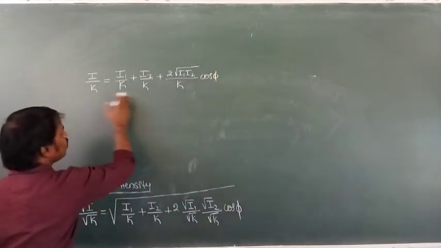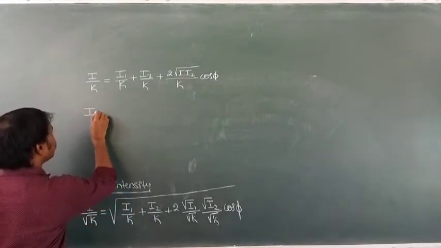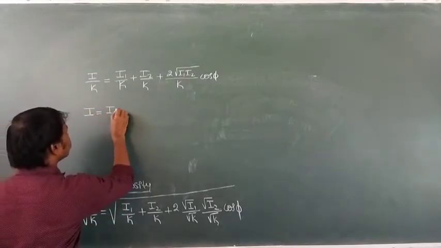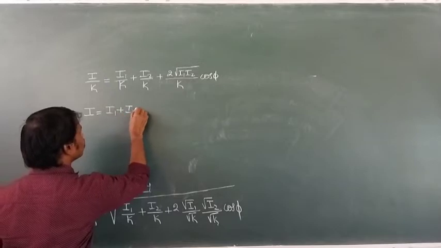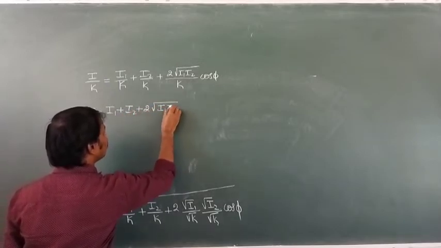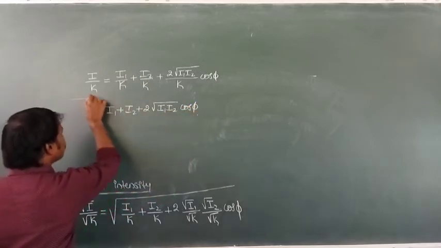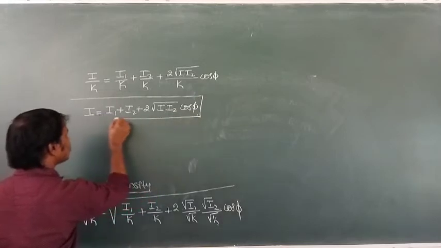Now what gets cancelled here? k gets cancelled because k is common. Now we can write I is equal to I1 plus I2 plus 2 root I1 into I2 cos pi. So this is the formula used to find the resultant intensity.